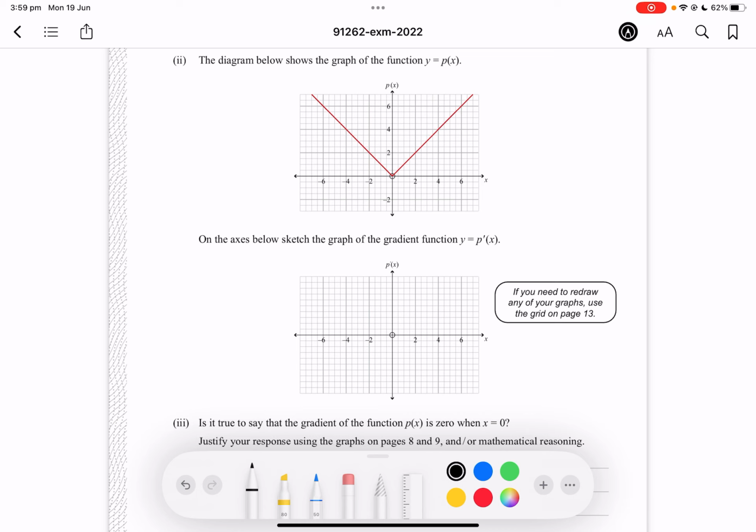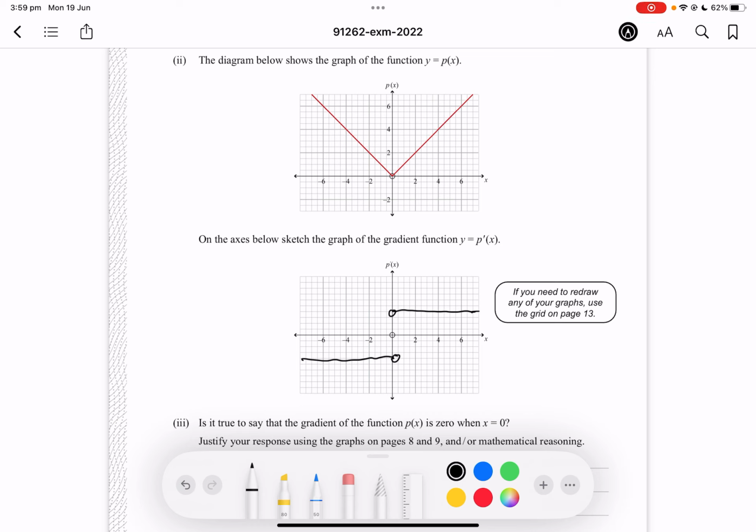For the left-hand side, we have exactly the same as we had on the previous question. So it's negative 1 on the left and positive 1 on the right. So if we have this here, that should be our answer for question II.